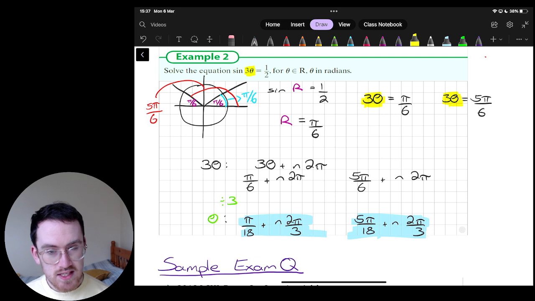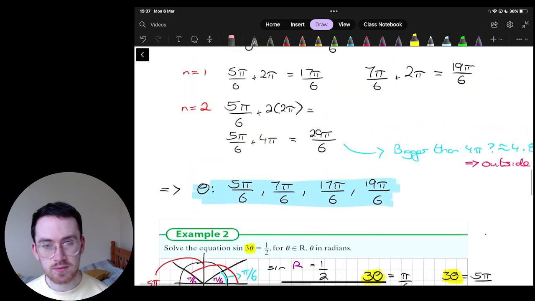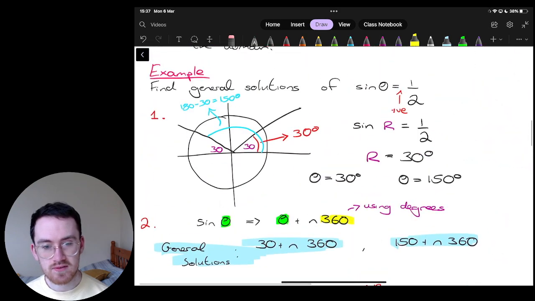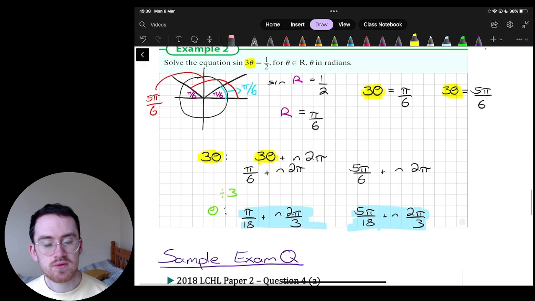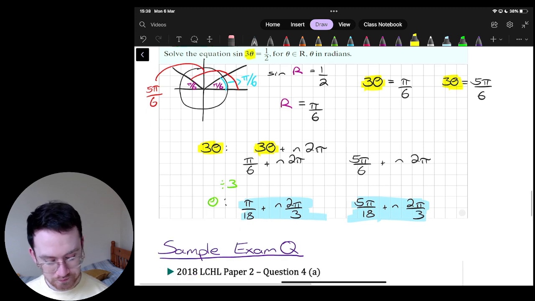The reason we have 3 theta here is because 3 theta is what was in the question. This is how we set it up in the previous one, where we made a point of highlighting it green. So 3 theta is equal to 3 theta plus n 2 pi, and if we divide by 3, that gives me the answers for theta, which is pi over 18 plus n 2 pi over 3, and so on.